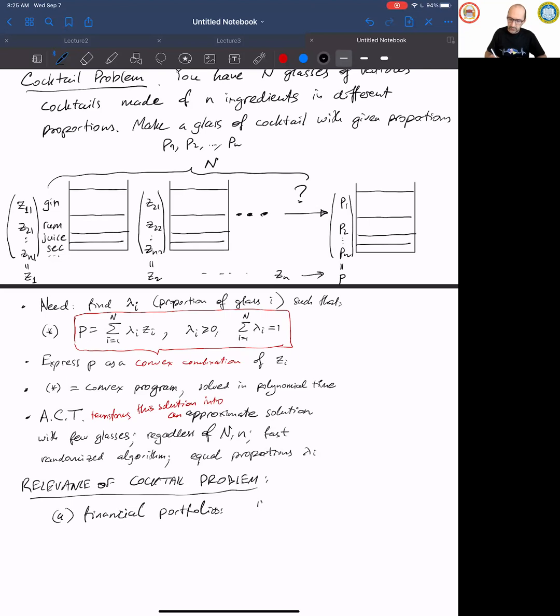So here the ingredients, instead of gin, rum, juice, and so on and so forth, are stocks. Think of them as financial stocks: Microsoft, Apple, Google. The existing glasses of cocktails are mutual funds.